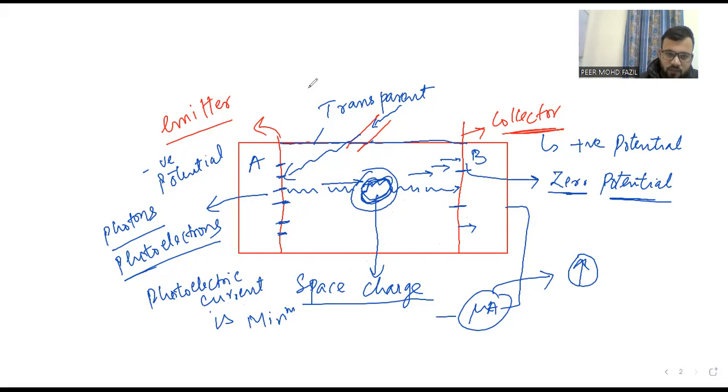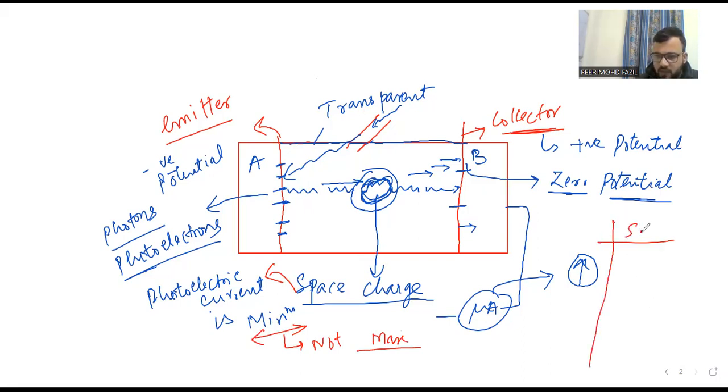This question was also asked: at space charge, what is the value of photoelectric current? Do remember that it is minimum, not maximum. And to sum up from the exam point of view, at space charge, the potential at B is zero, and the photoelectric current is minimum.